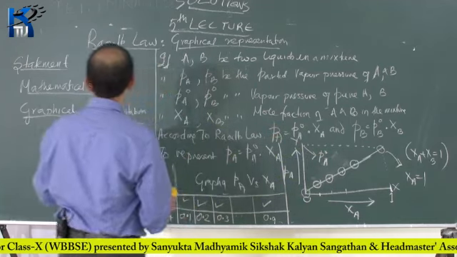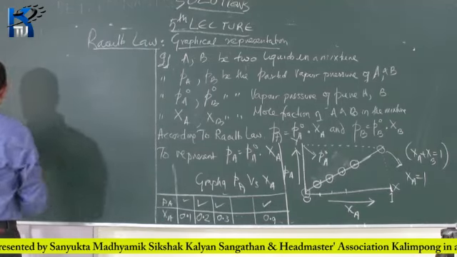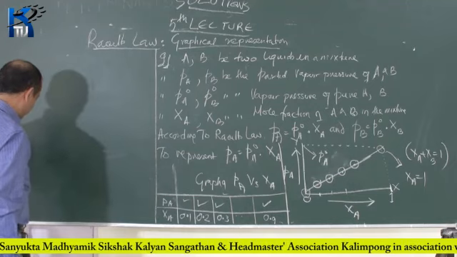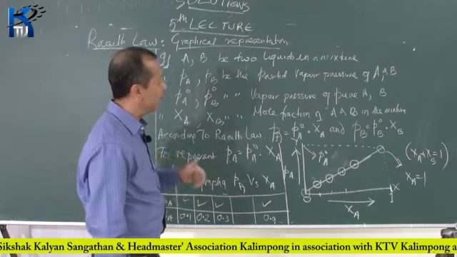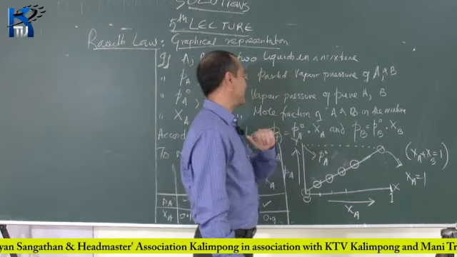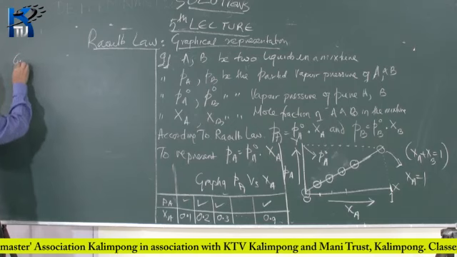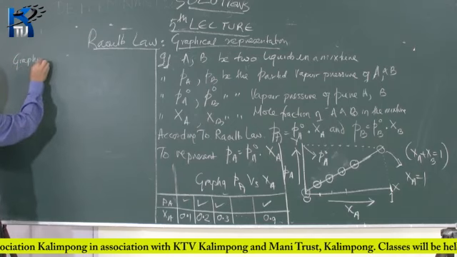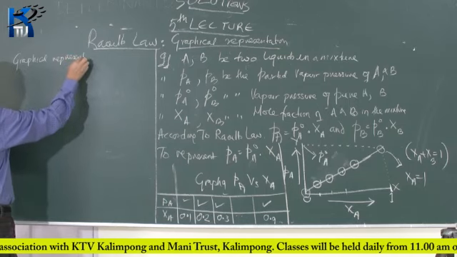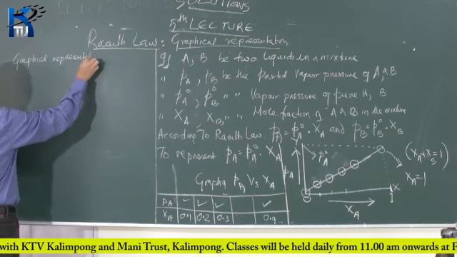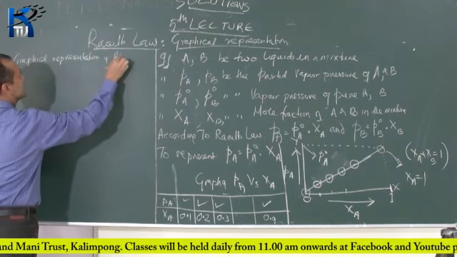But what is more important is the graph you get when you are plotting both PA and PB. Now this is what we can call the graphical representation of Raoult's law.